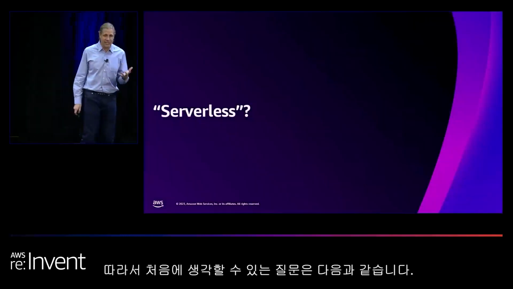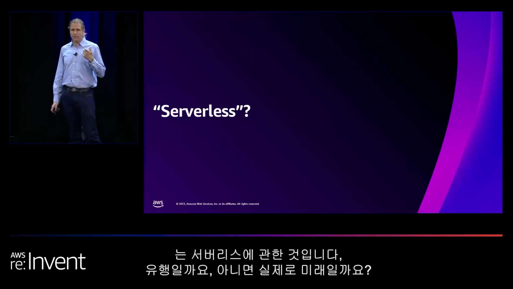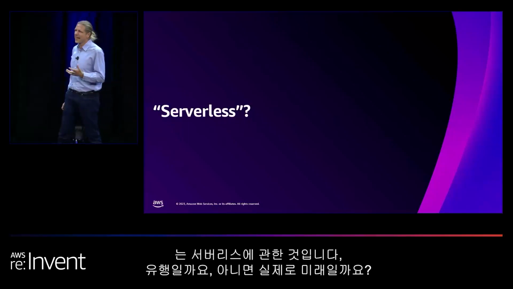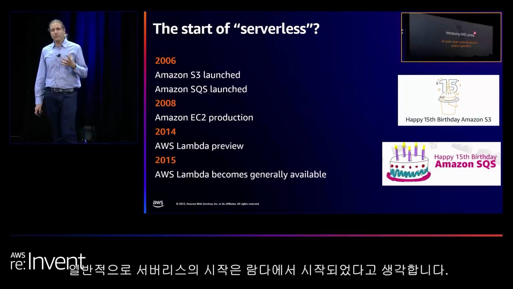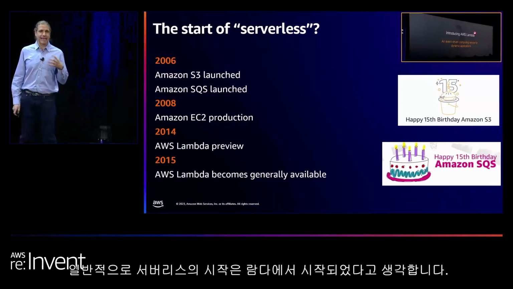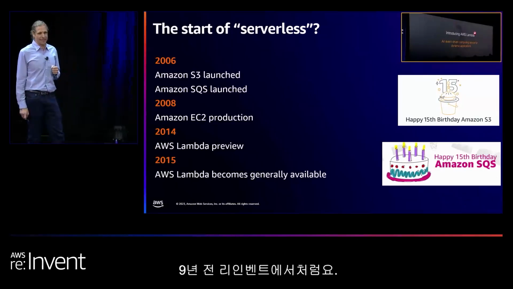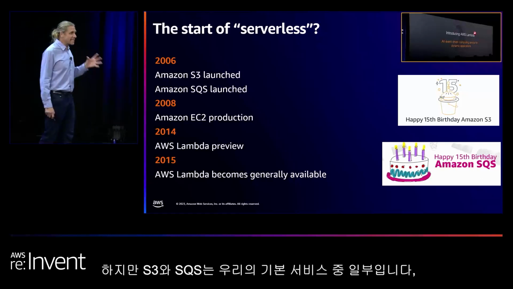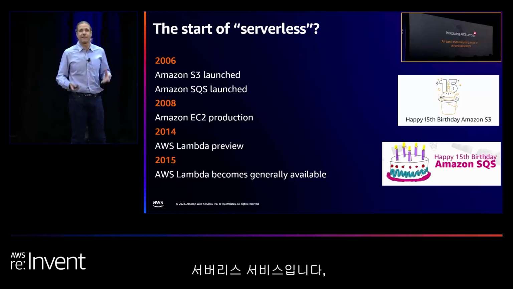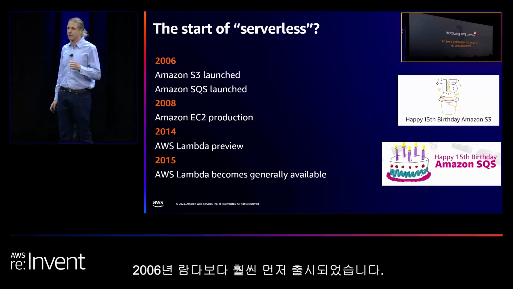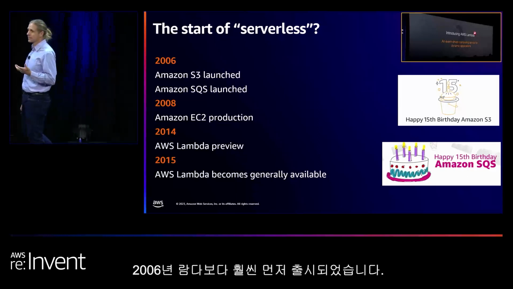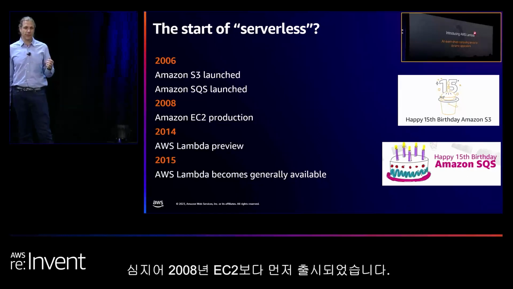So a question you may initially be thinking about is, is all this serverless stuff a fad, or is it actually the future? We commonly think of the start of serverless as Lambda, 9 years ago at reInvent. But S3 and SQS, some of our foundational services, are very much serverless services, and they launched way before Lambda, in 2006, and even before EC2 in 2008.